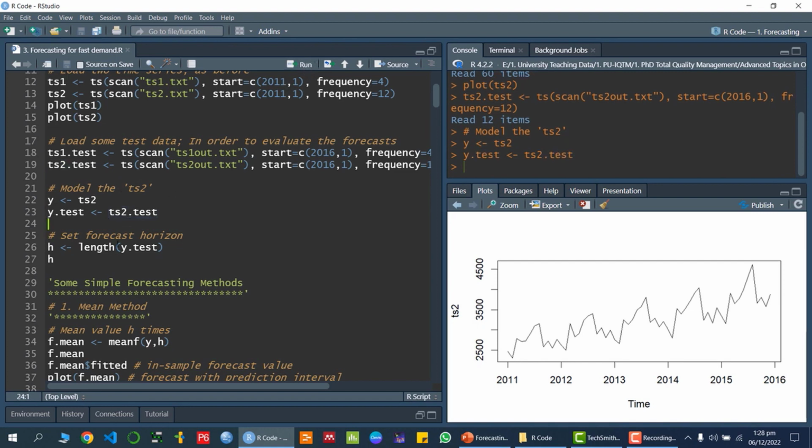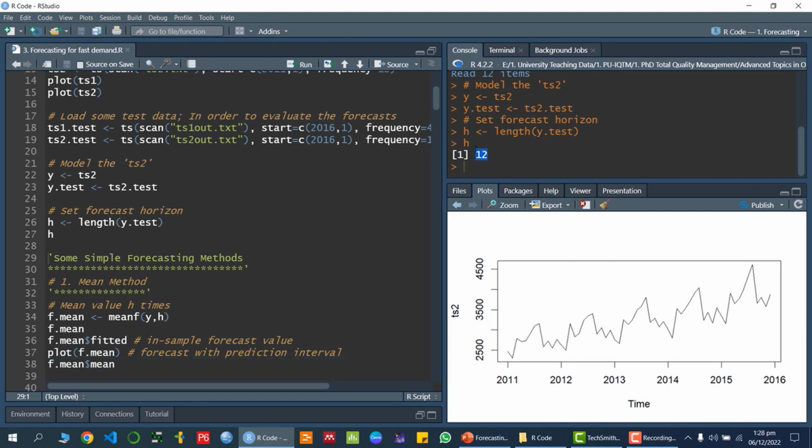Then in order to find out the forecast horizon, I am calculating the length, or you can say the number of observations, in this particular variable. How we can do that, that is length of y.test, and that is equal to h. Which means the next 12 months are going to be our forecast horizon, that is basically the number of values in the test data set.